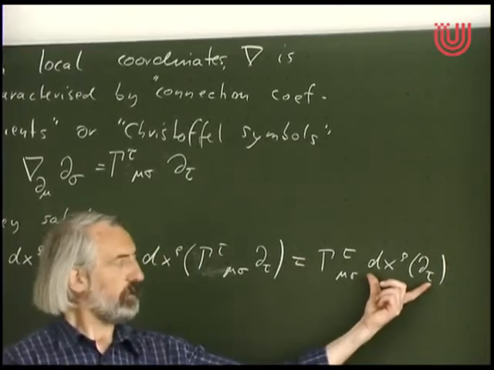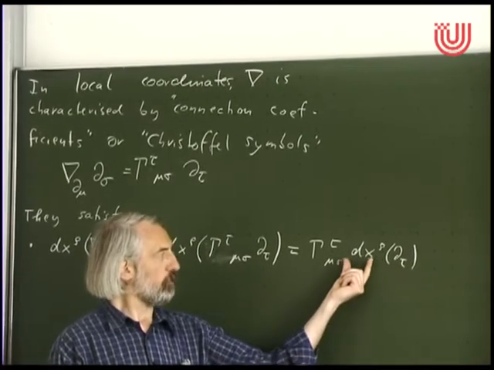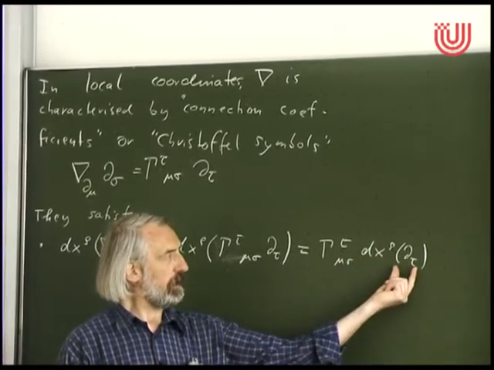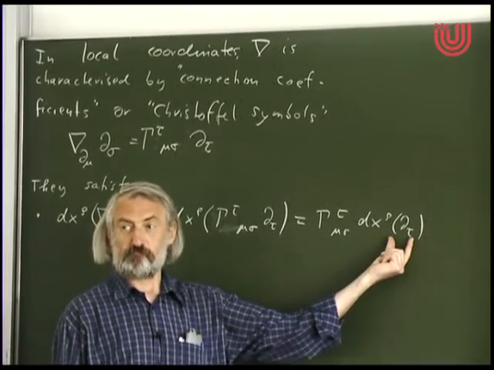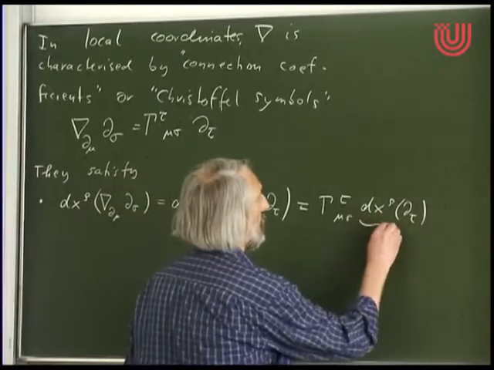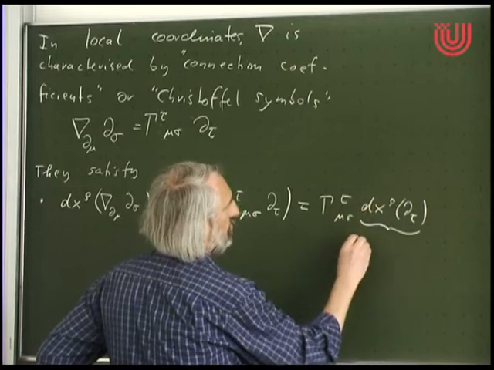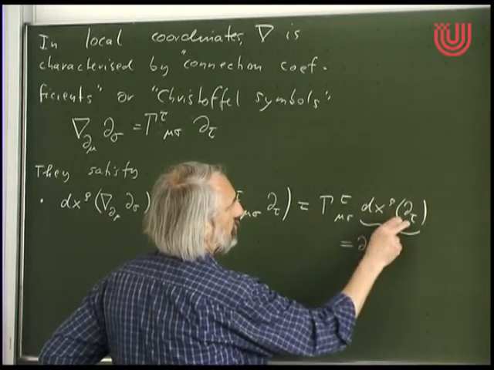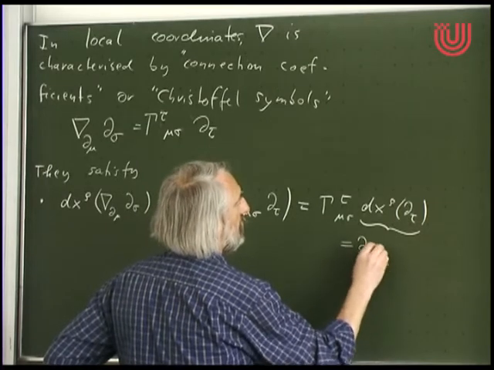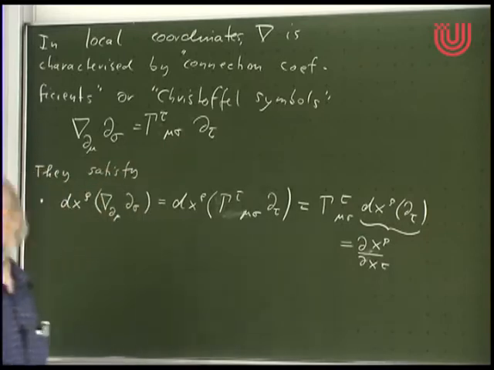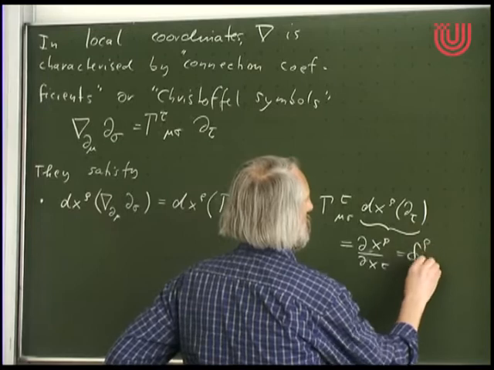And now, what is this here? The rho covector basis field acting on the tau vector field. Kronecker, very good. If you don't see it immediately, remember how the operator d was defined: the vector field acts on this function. So d tau is d by dx tau, applied to x rho. I think now everybody sees that this is a Kronecker delta rho tau.